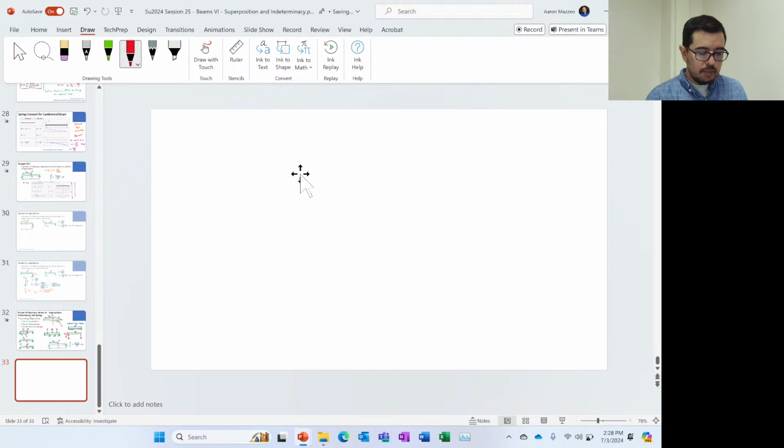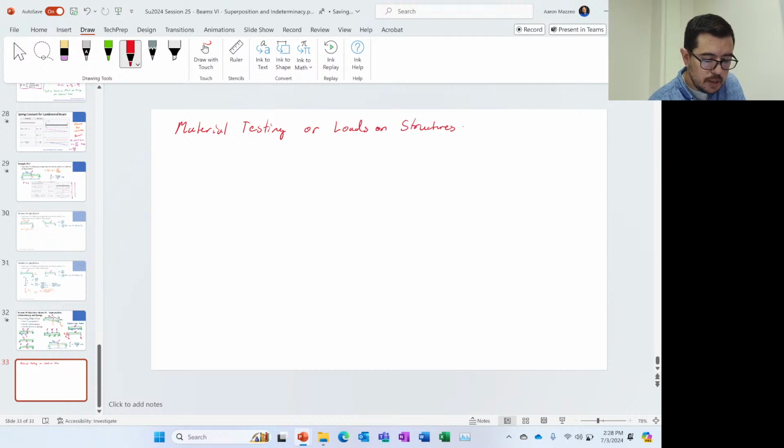So I think a big thing that we've learned, right, is that we've now been able to take either material testing or loads on structures and understand that these result in stresses. Right? This is a huge deal, right?